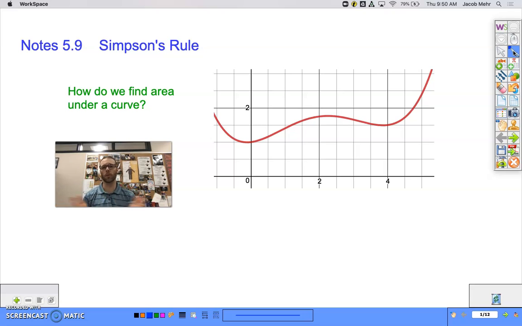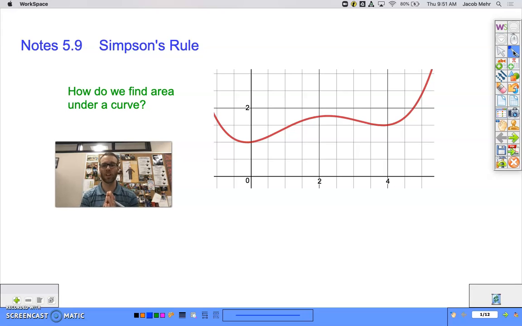And I recall asking you, okay, we did the rectangles, left, right, midpoint. We did the trapezoids. Is there something else that we could do to better approximate a curve? Could we use something other than lines, right?